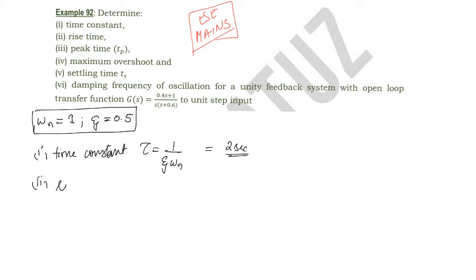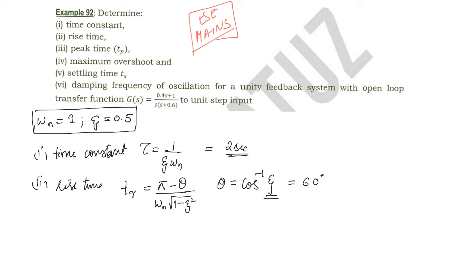Next you have rise time. This is represented as TR, which is equal to pi minus theta by omega n into root over 1 minus zeta square. What is theta here? Theta is equal to cos inverse zeta. Zeta is 0.5, so cos inverse 0.5 will give you 60 degrees, but we need it in radians, so you can write it as 1.047 radians.